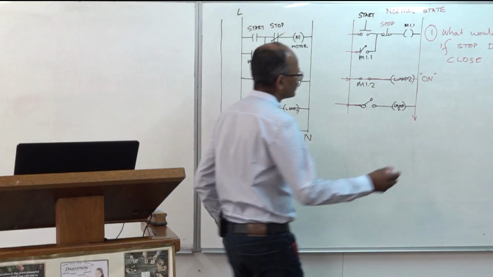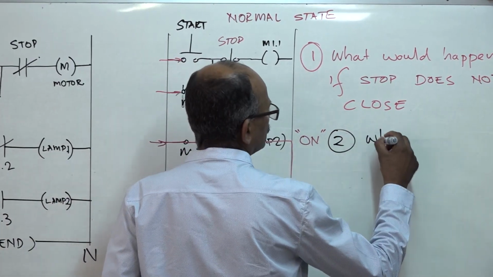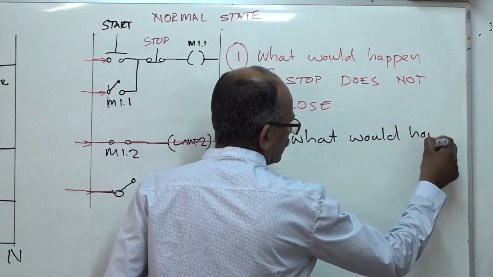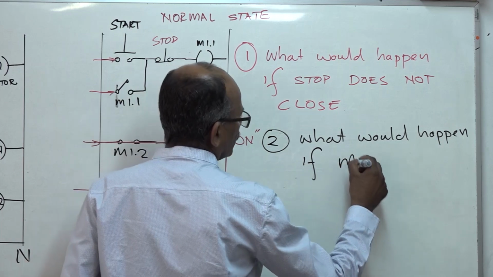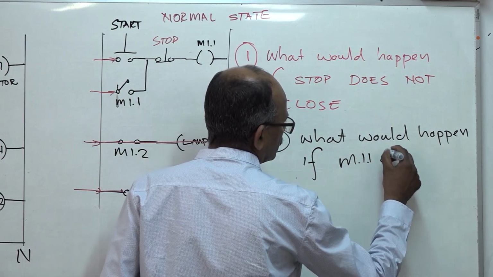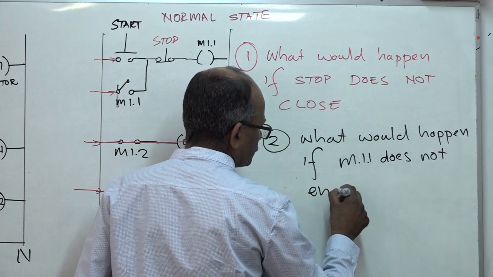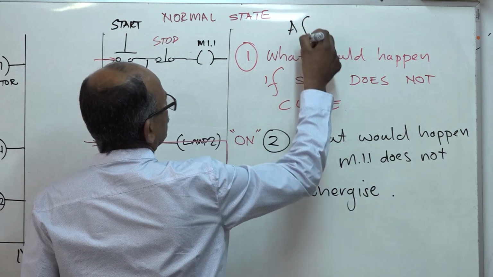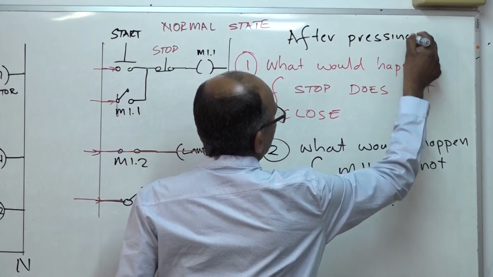And then they would say, the second part is 2. What would happen if M1.1 does not energize? And this is after pressing start.